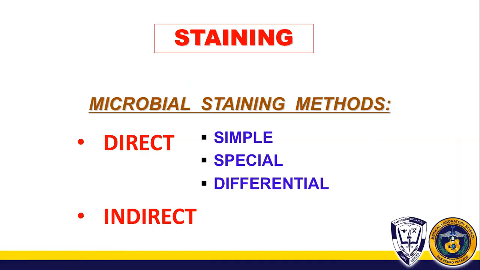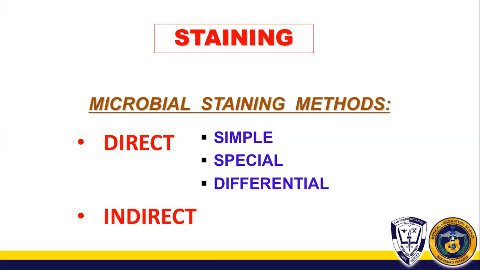The smaller they are, the presence of stains or dyes or colors would help in finding them more efficiently on the smears. Microbial staining methods can be divided into two types, as was discussed in the laboratory. Direct methods are techniques which allow the stain to come in contact with the organism to be identified or object to be viewed. So we directly color the organism and leave the background colorless.